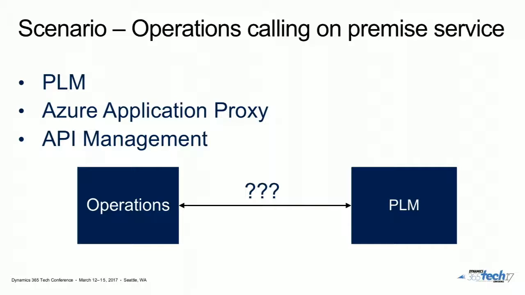So we have two options within Azure. One is the Azure Application Proxy and the other is API management. For this customer, we ended up using Azure Application Proxy. What Azure Application Proxy lets you do is secure your on-prem web services. There is a connector that's installed on an on-prem device, and this connector is used by Azure AAD to authenticate and then talk to on-prem.